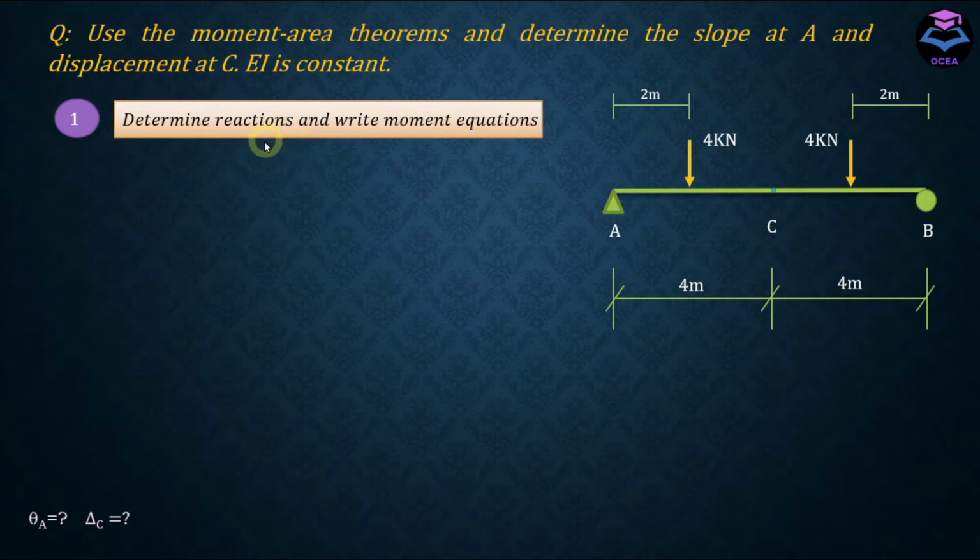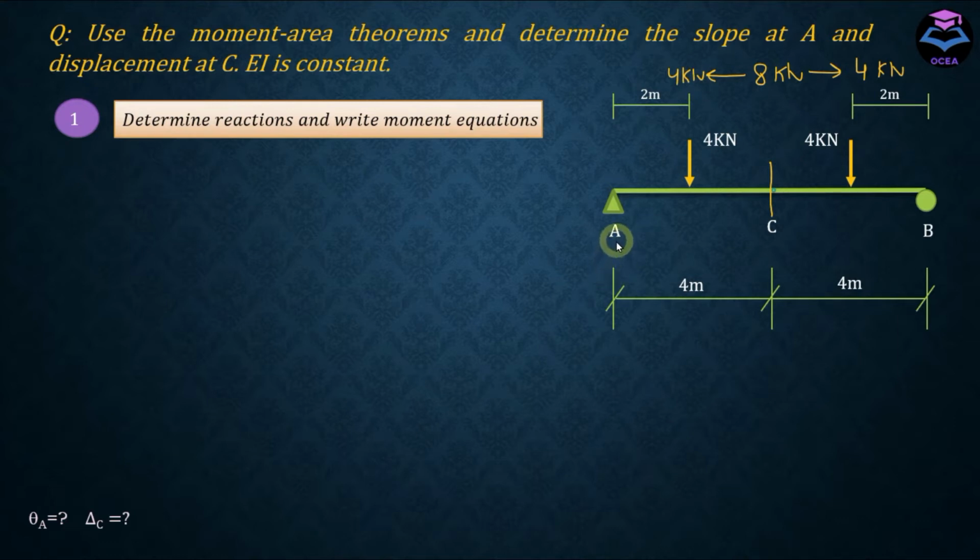To determine reactions, we can apply conditions of equilibrium, but in this case, if I draw a line here at point C, I notice the member is symmetrical about this line, that is, the leftward portion of the member is a mirror image of the rightward portion. So you can calculate the total load acting on the beam, that is 4 plus 4 is 8 kilonewton, and half of it will be transferred to support A and half of it, that is 4 kilonewton, will go towards the right support.